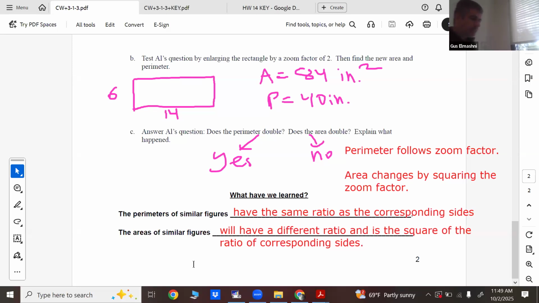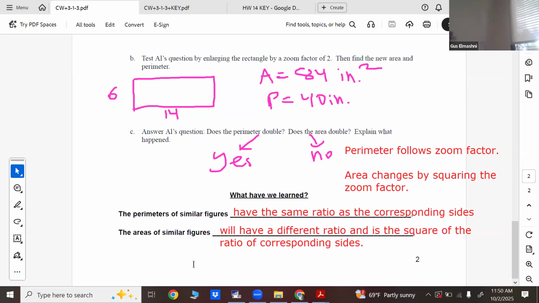It's got 42 for the area. Oh, did you change both of them? You gotta change both of them, 6 and 14. You did 3 times 14. Oh, hold on a second. But you gotta double both these first. Actually, you gotta do 21 times 2 times 2. You got times 2 again, because you're doubling both.